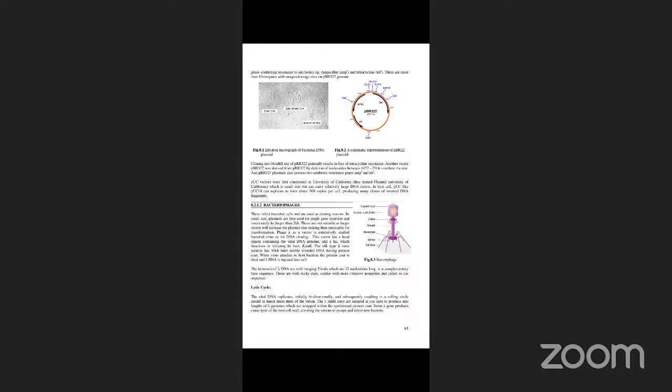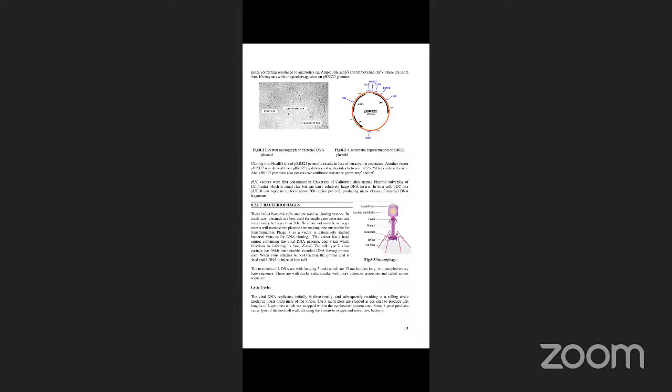If it is very small, plasmids will be used. So phage lambda is the commonly used one, the lambda phage. It has lytic and lysogenic cycles.